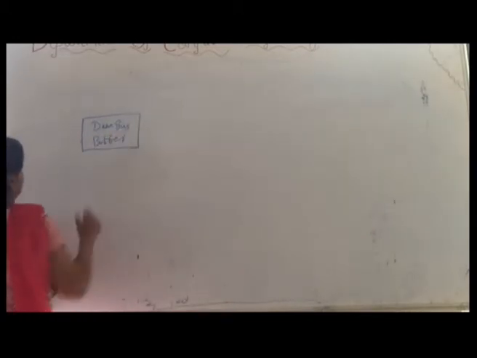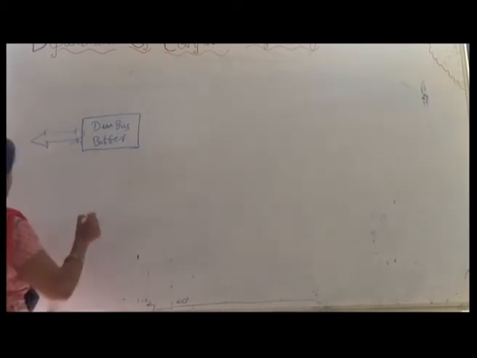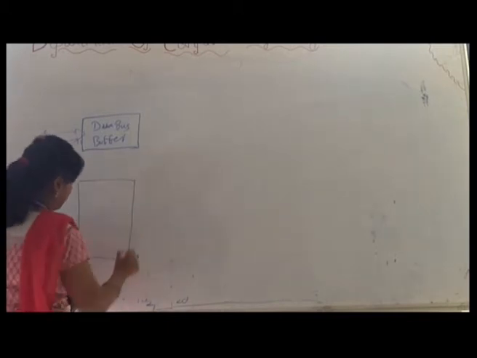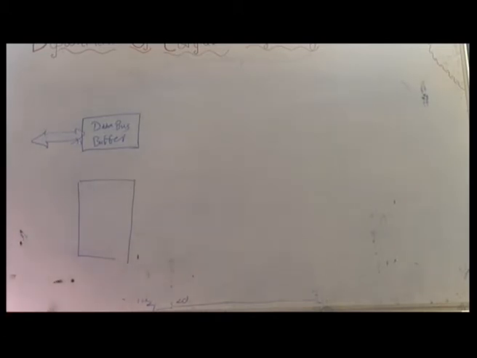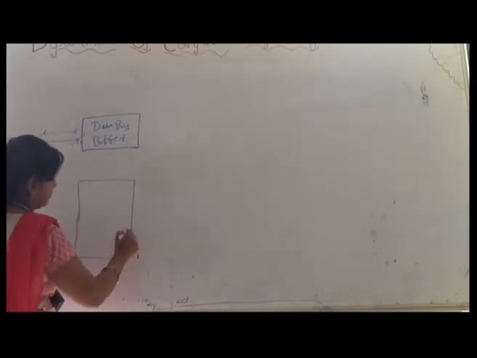This block is a data bus buffer, a bidirectional 8-bit port. The next block is the read write control logic.